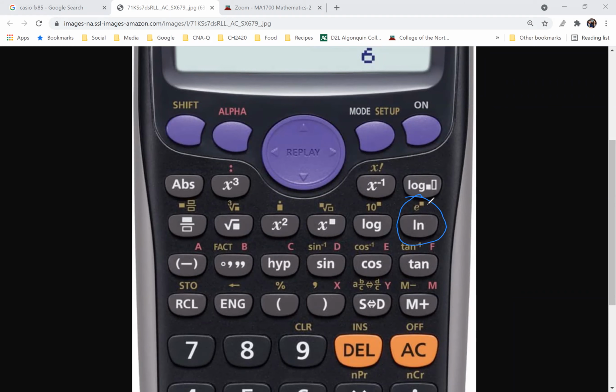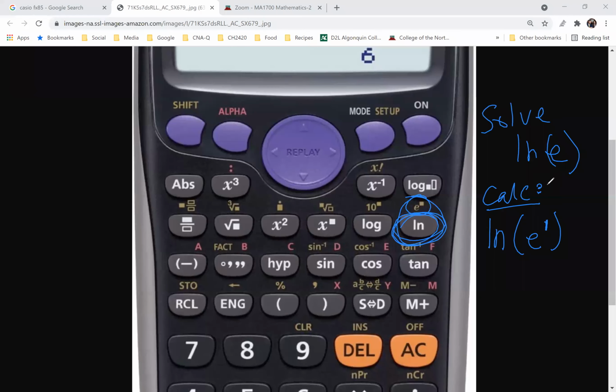So if you had to enter this on your calculator, you would press the ln button, and then you would enter E. Now, the book just says E. So if the book said ln E, what it would look like on your calculator is ln, bracket, E, and then you would just put a 1 there. Your calculator will look like this. You can access the E using the shift button.